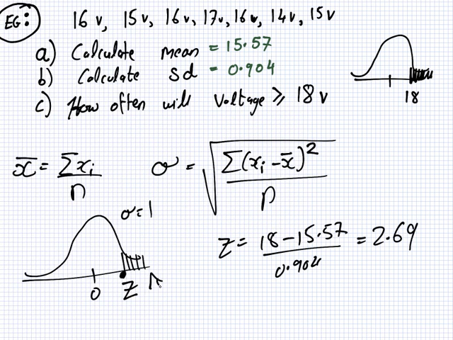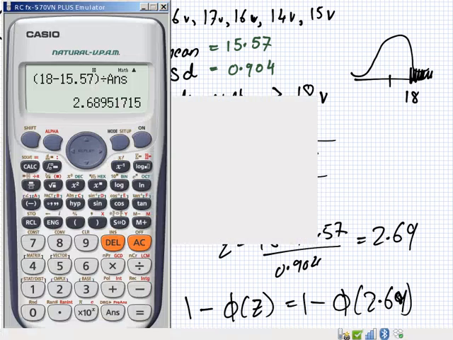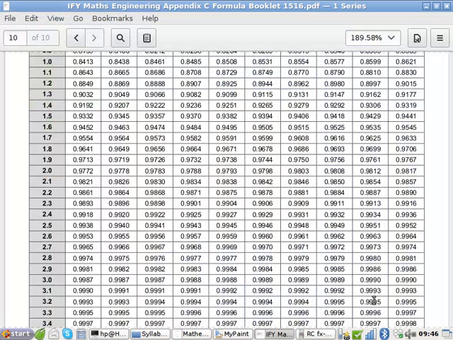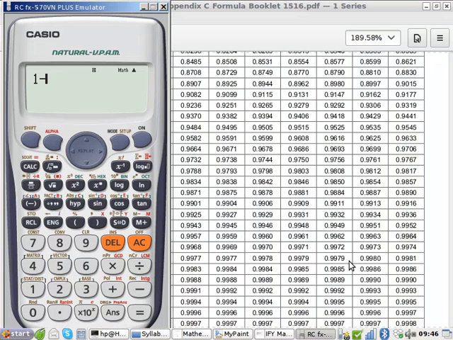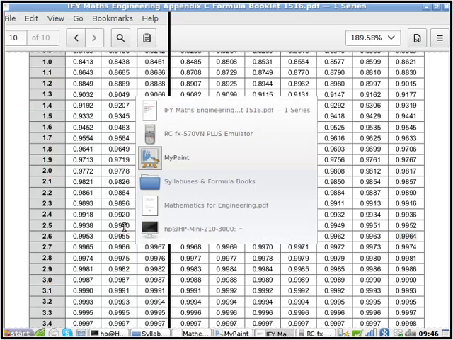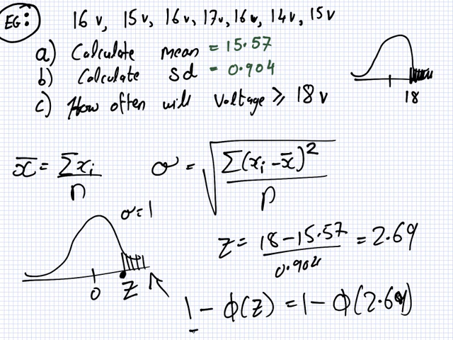So this is 1 minus that: 0.9964 in this case. So 1 minus that is 0.0036, which equals 0.36%.